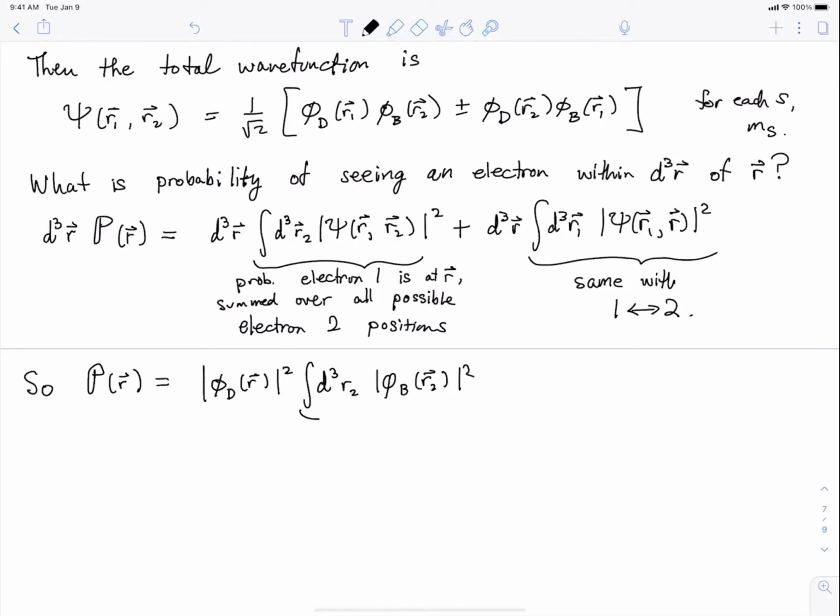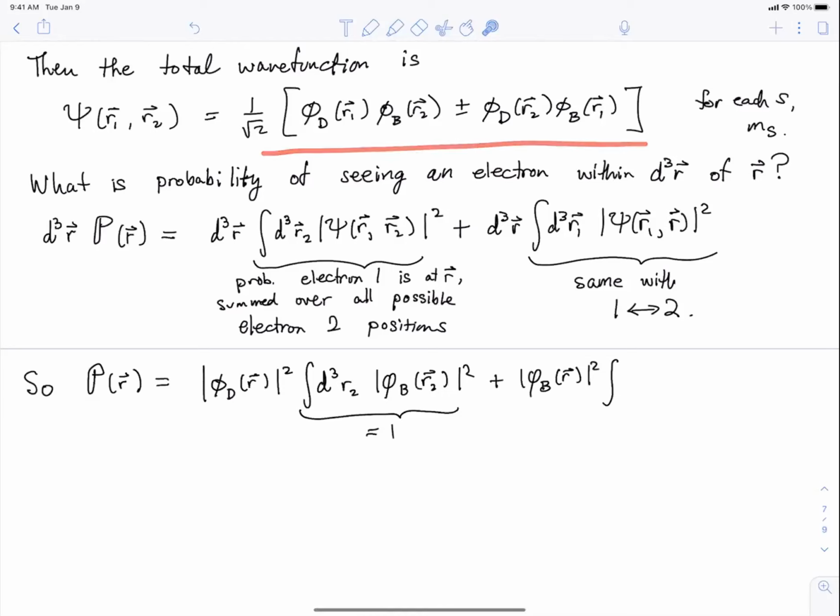But we've normalized our wave functions presumably, so this is just 1. And then the same thing for now my Batavia wave function. This is by plugging in this stuff right here. And this is going to be D3R1 phi DeKalb R1 squared, but it doesn't matter because the whole thing is just going to give 1.